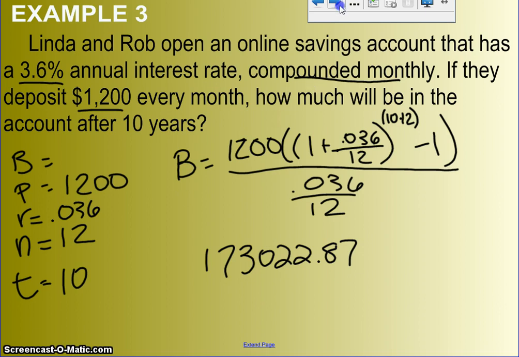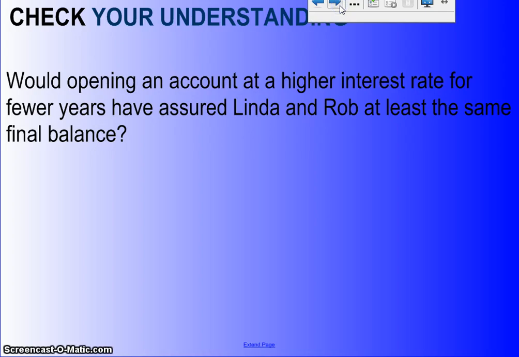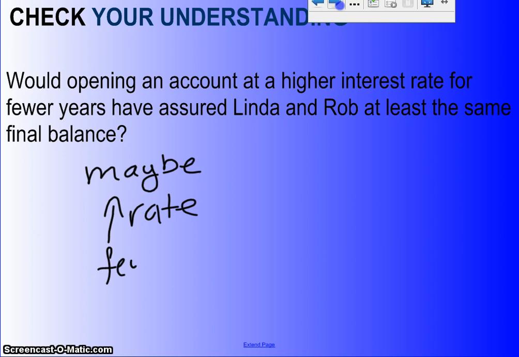So for the you-do, it asks the question, would opening an account at a higher interest rate for fewer years have assured Linda and Rob at least the same final balance? Well, it's kind of hard to say, but the answer here is maybe. It really depends on how much higher the rate was and how many fewer years.